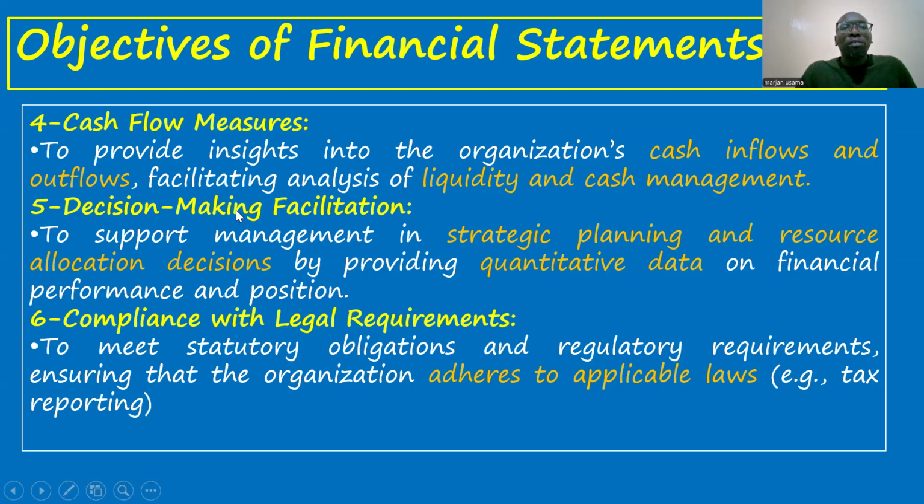Number 5, decision-making facilitation. So these financial statements support the management in doing what? In strategic planning and resource allocation decisions by providing quantitative data on financial performance and position. When you're talking about strategic planning, we are talking about long-term planning.